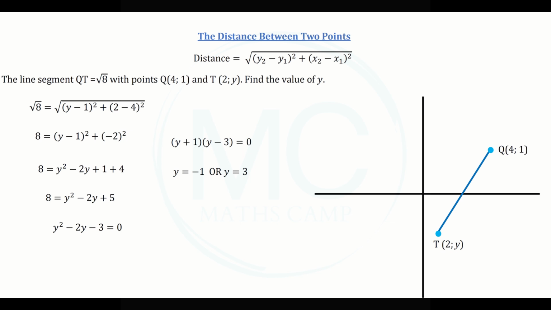Point T lies below the origin, so y must be negative. From this, we can see that y cannot be positive 3, which means y must be equal to negative 1. Let's look at another example.